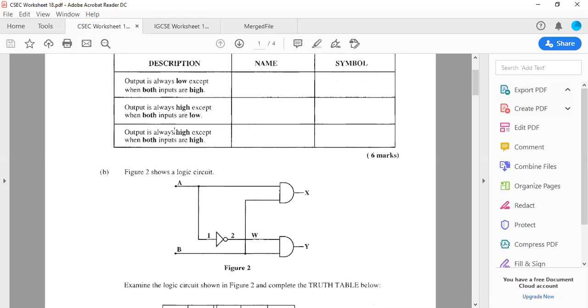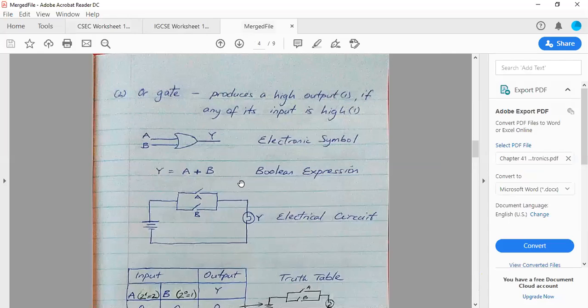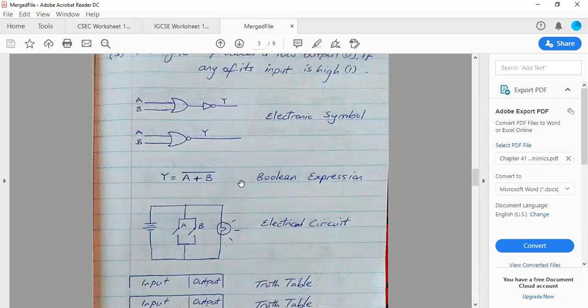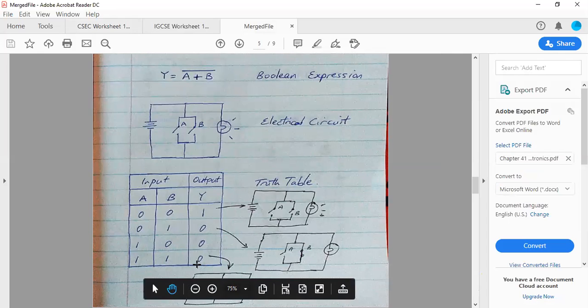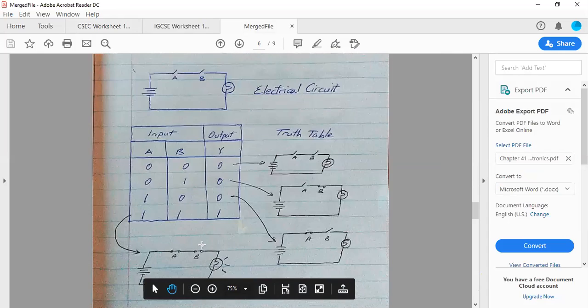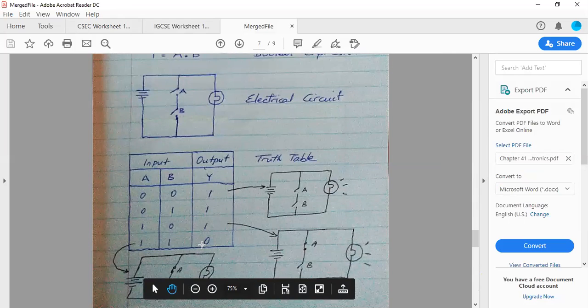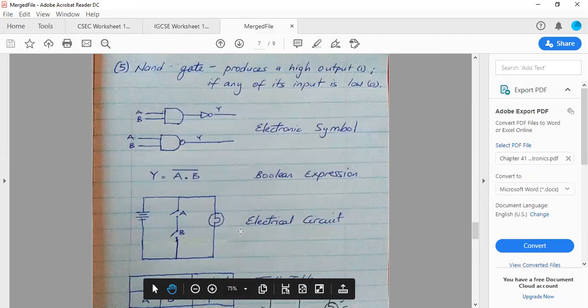Alright, the output is always high except when both inputs are high. So when both inputs are high, when both of them are 1, your output is going to be 0. Then definitely that follows this arrangement here, which is your NAND gate.